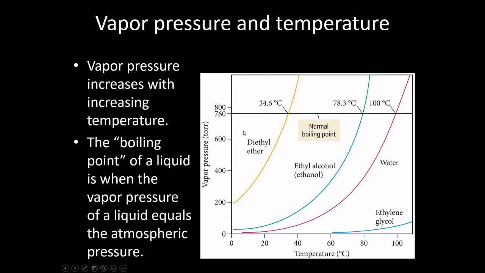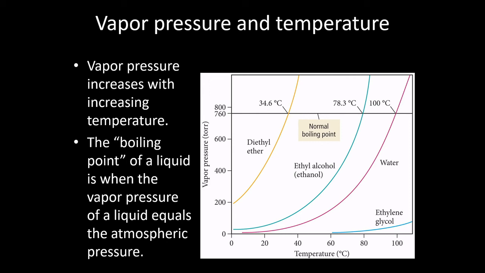And the boiling point of anything is just defined as the temperature where the vapor pressure is equal to that of the atmospheric pressure, the pressure that is on the liquid itself.